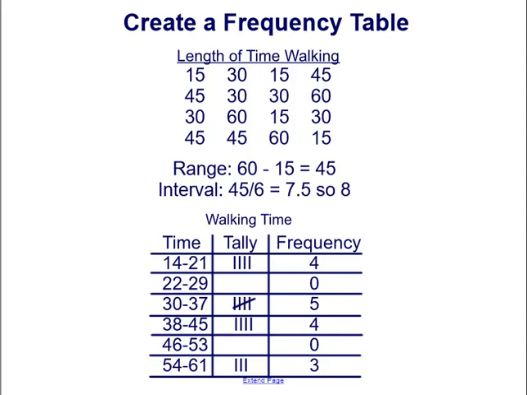And let's say we want to divide into 6 intervals for our 6 rows in our table. That'll be approximately 7.5, so we can round up to 8. So our intervals are going by 8. And then you can see we have 4 data values between 14 to 21, 5 data values between 30 to 37, 4 between 38 to 45, and 3 between 54 and 61.